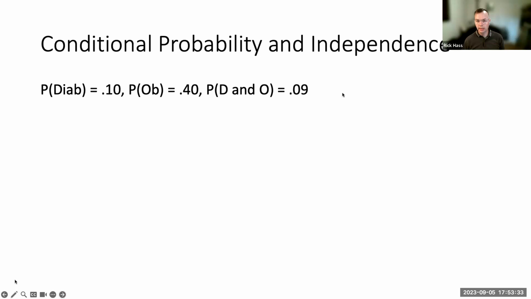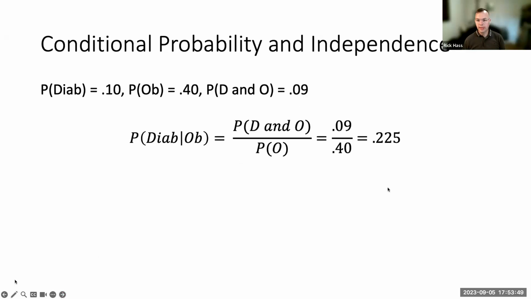Here they are again as proportions. Probability of diabetes, 0.10, so 10% of people are diabetic. Probability of obesity, 0.40, 40% are obese. And then 0.09, 9%, have both. So the computation is as follows. The probability that someone is diabetic, given that they're obese. Again, it's weird, because you would first observe that someone is obese.